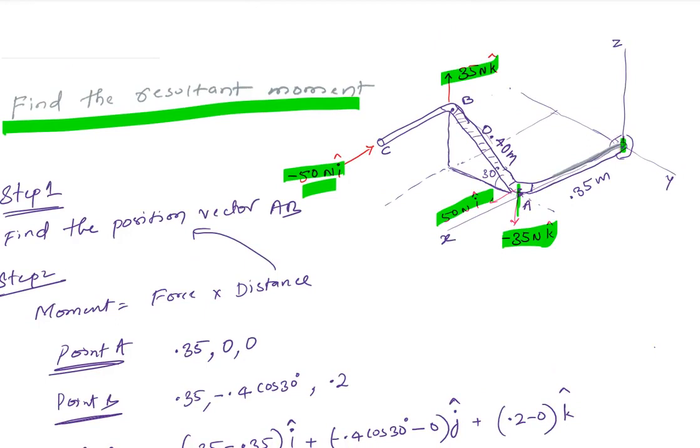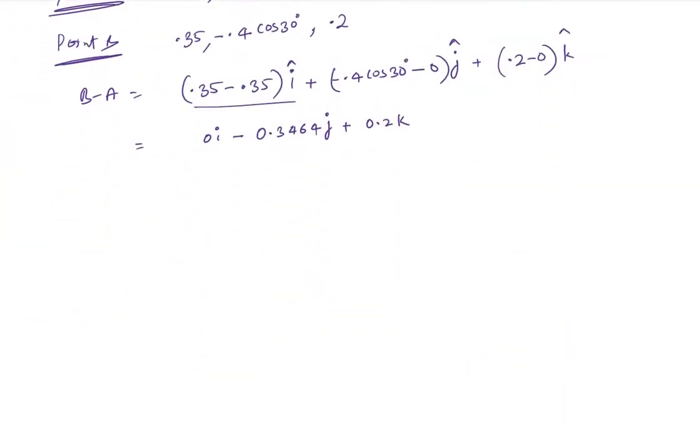Okay, so let's see. RAB, the position vector AB, times, let's say force 35, which is 35 along k, right? 35k. So I don't want you to think of this k as kilo, so I'll put a little hat there. Okay, so I'm going to call this RAB.